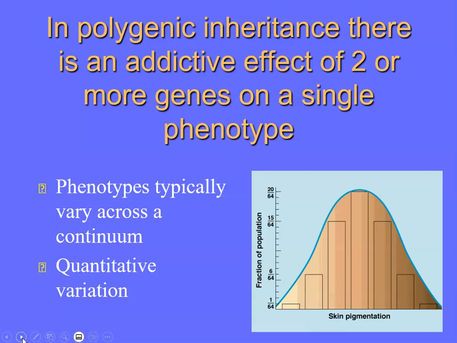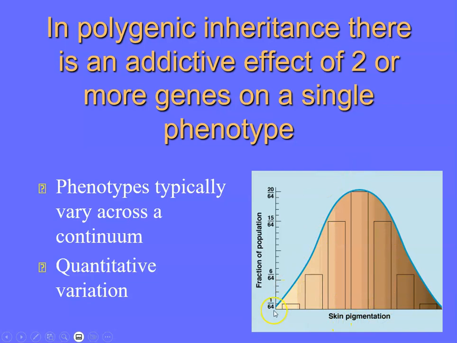So for the skin color, for example, some people have really, really light skin and some people have really, really dark skin. And if we plotted every single person on the planet's skin tone on this graph, it would actually have this bell-shaped curve to it. Most of the people in the population are somewhere in the middle, having moderately pigmented skin.